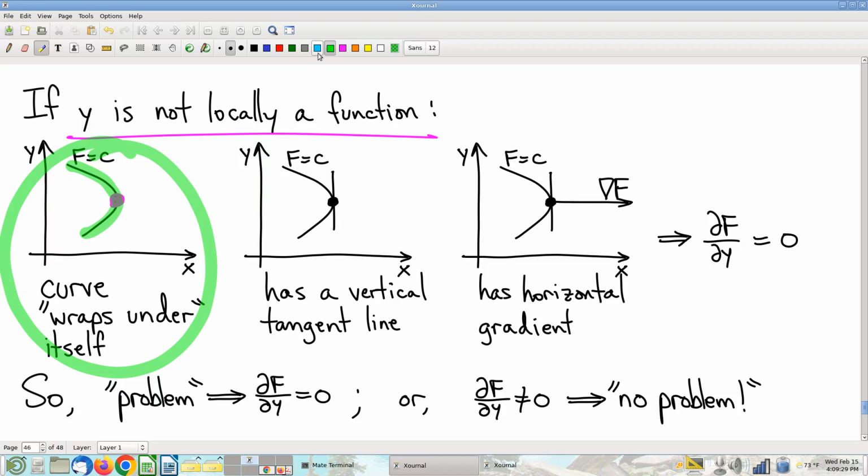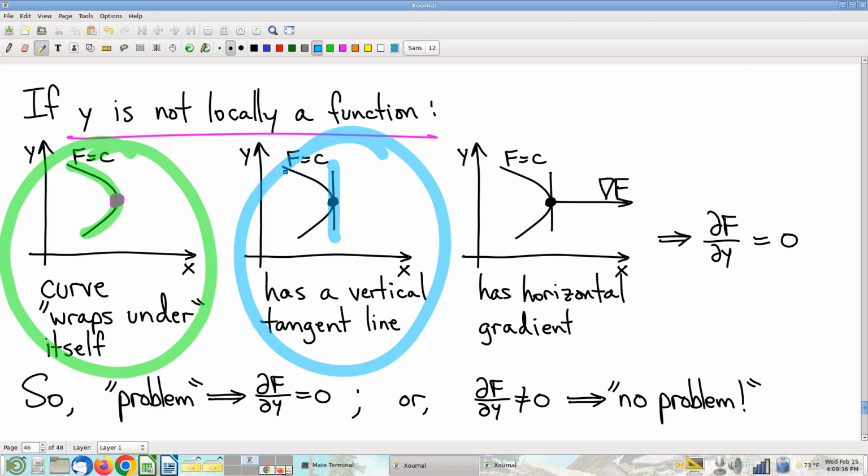Now I make the observation that if you have that problem, innocent observation, there's going to be a vertical tangent line, right? Because it's in the process of wrapping under itself, so it's got to be vertical at that point.